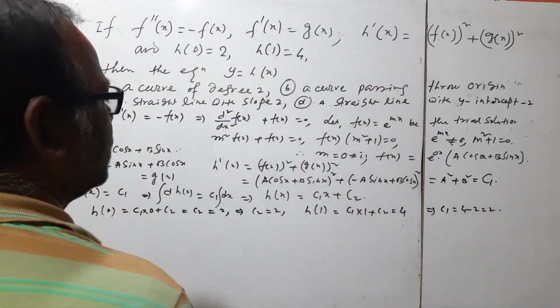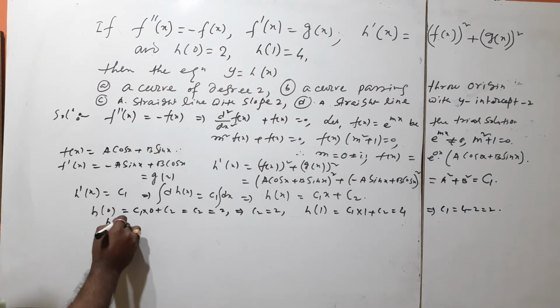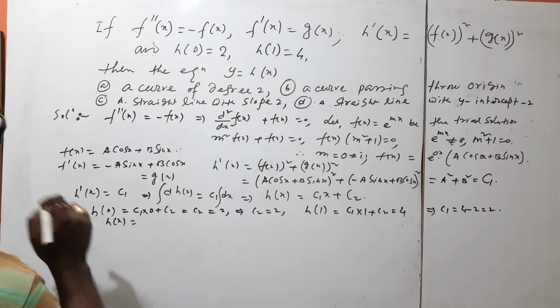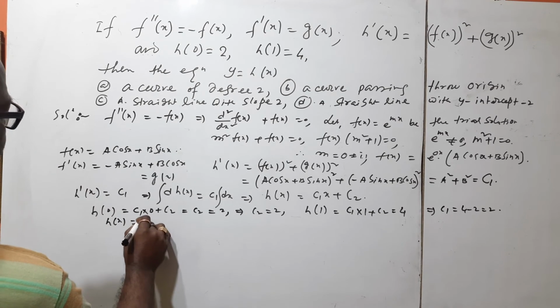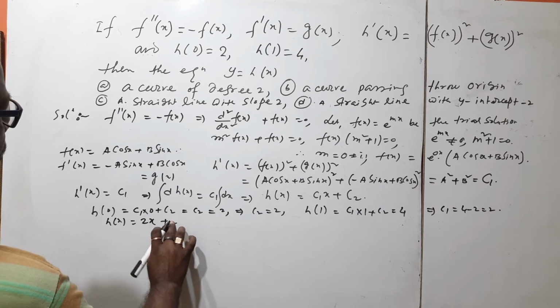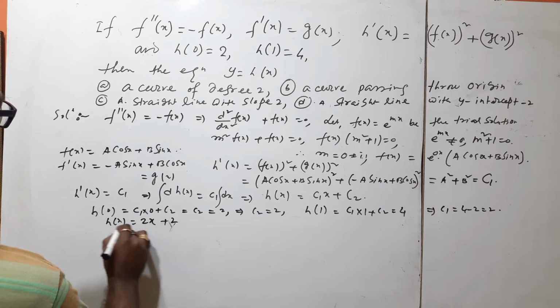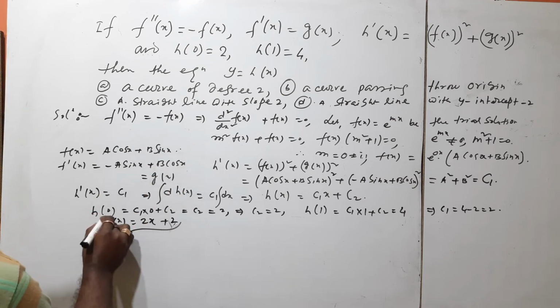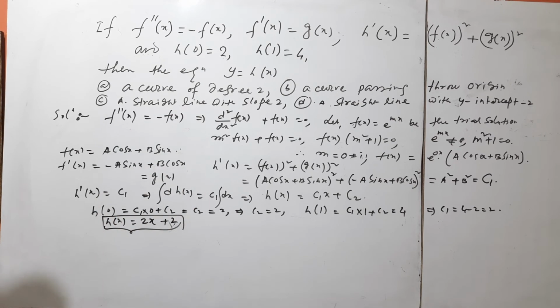Therefore the function h of x is c1 times x, which means twice x, plus c2, which is 2. So this is your answer for h of x.